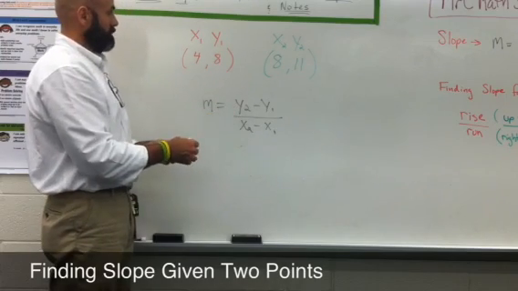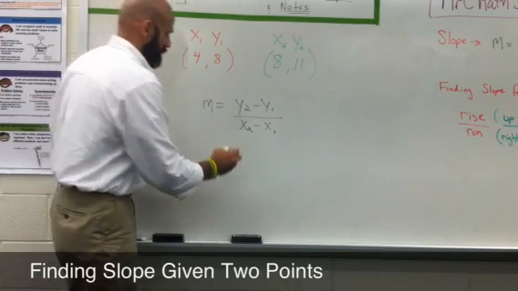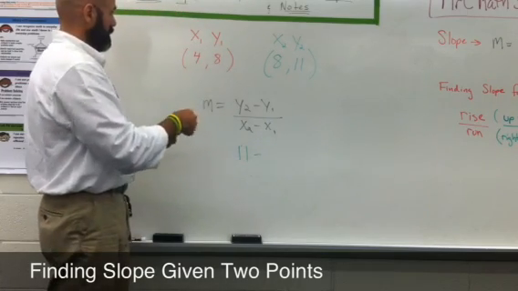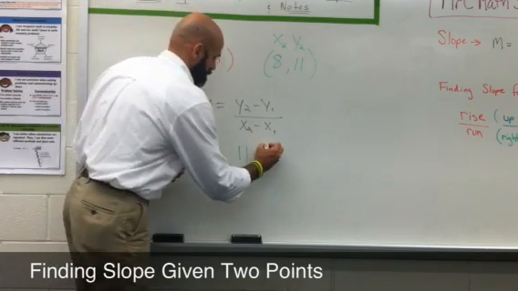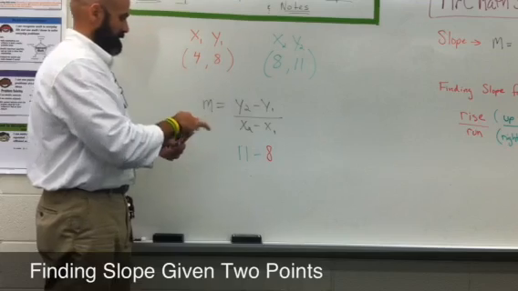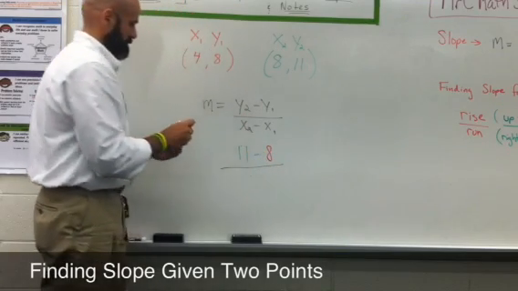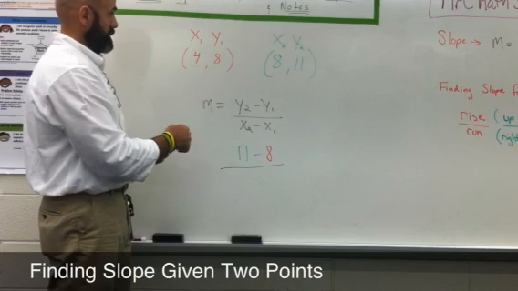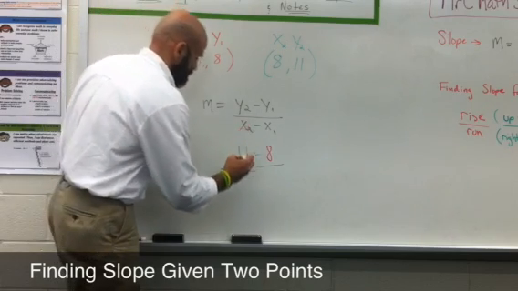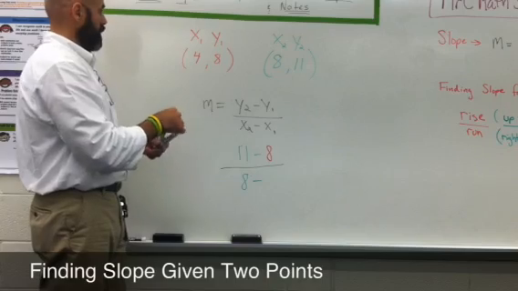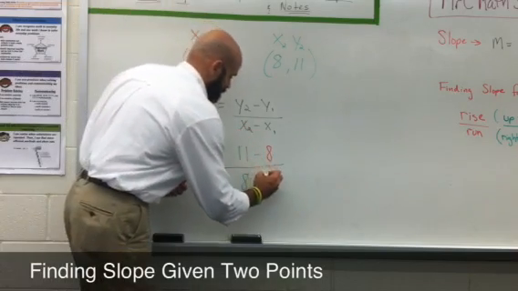So I'm going to go ahead and plug in my y of 2 in green is 11, minus my y of 1, which is 8. And that's over my x of 2, which is 8, x of 1 is 4.